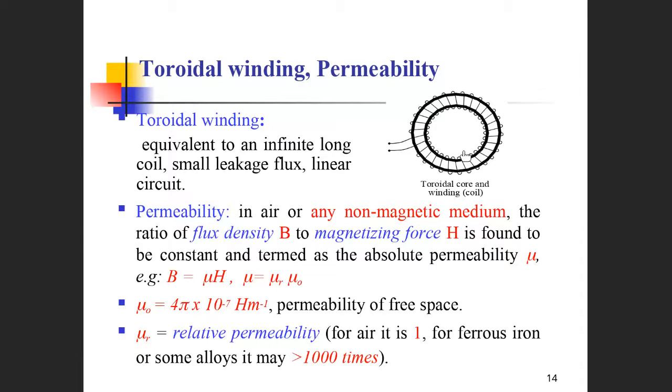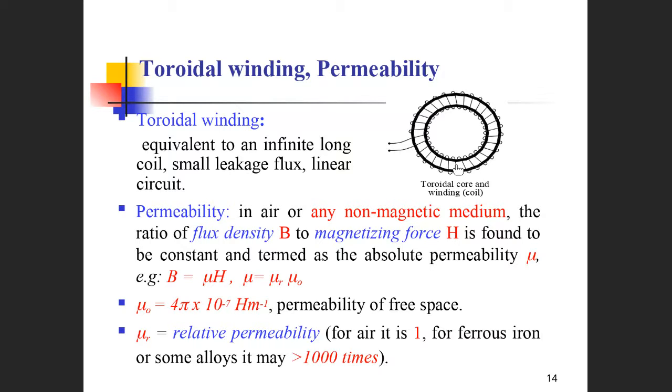Because the magnetic field produced by the coils or windings is inside the coils on the core, there is very small leakage, particularly if the coils are closely touched together.